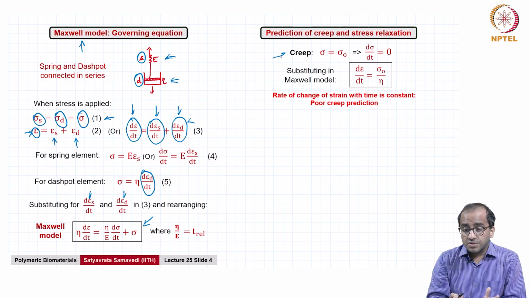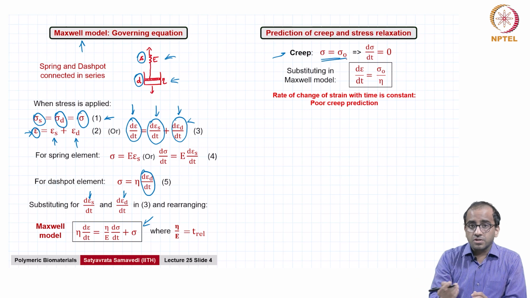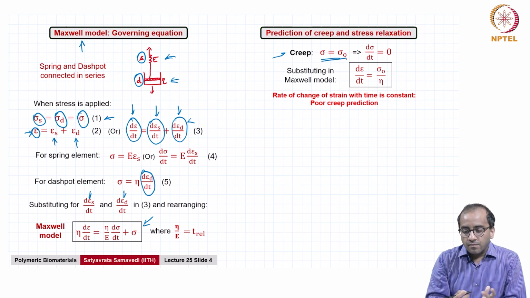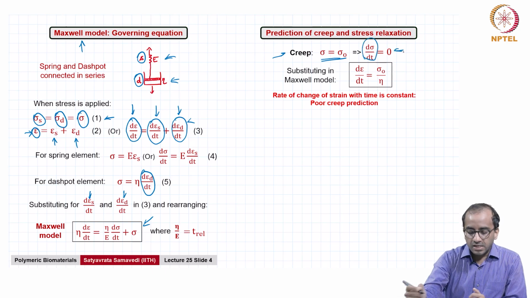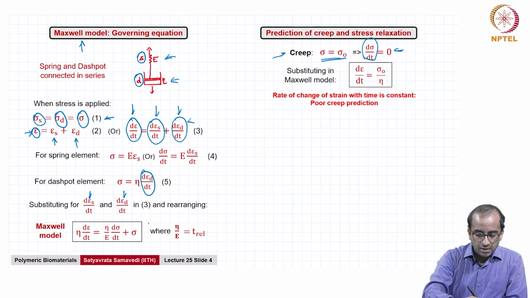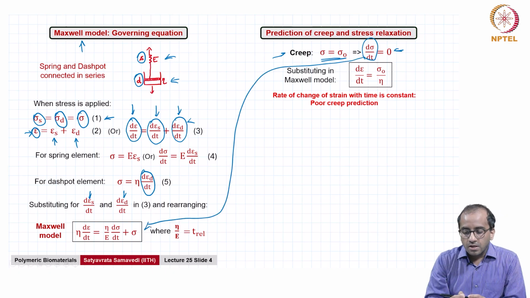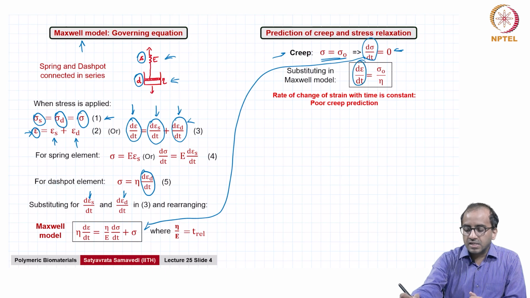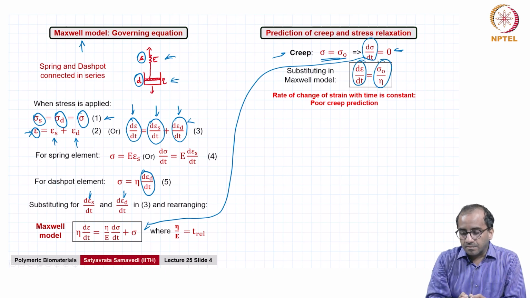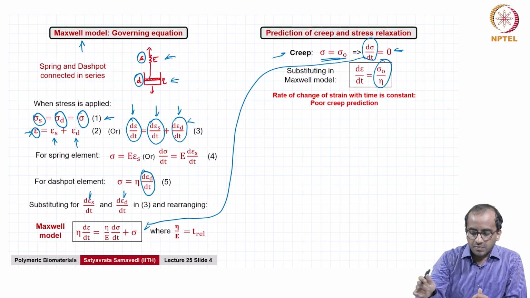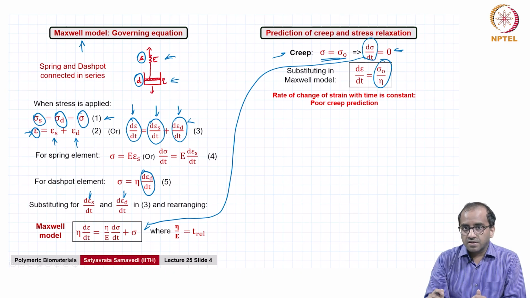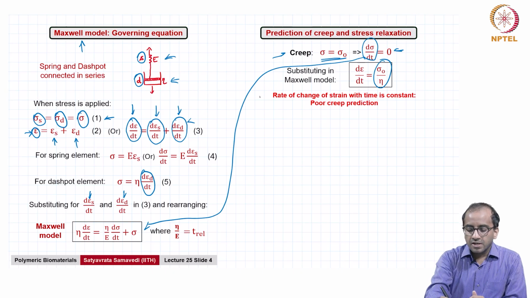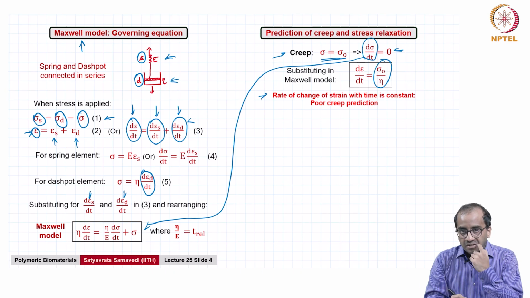So, remember, creep is when the material is held at a constant stress, which means because stress is constant, d sigma dt is going to go to 0. Now, if you substitute d sigma dt going to 0 in the Maxwell equation here, you are going to get d epsilon dt is sigma naught over eta, and that is unphysical because what it is saying is the rate of change of strain with time is a constant.